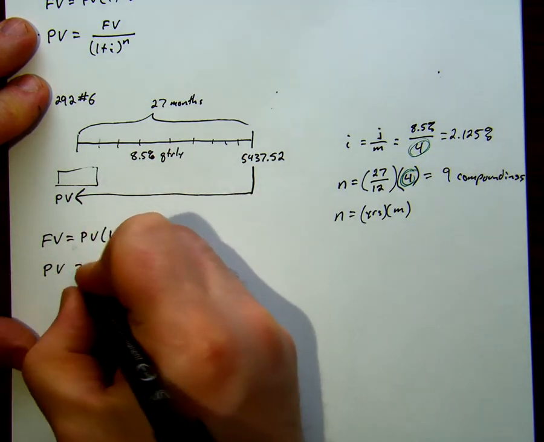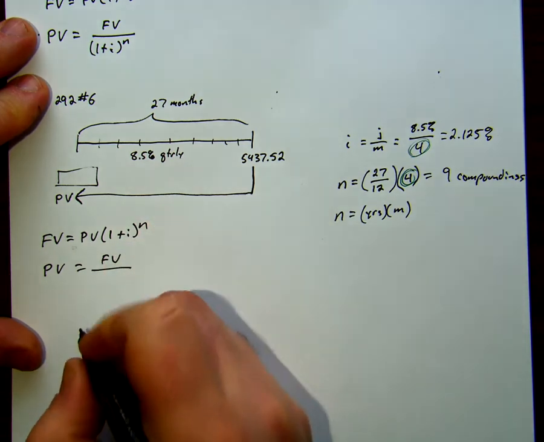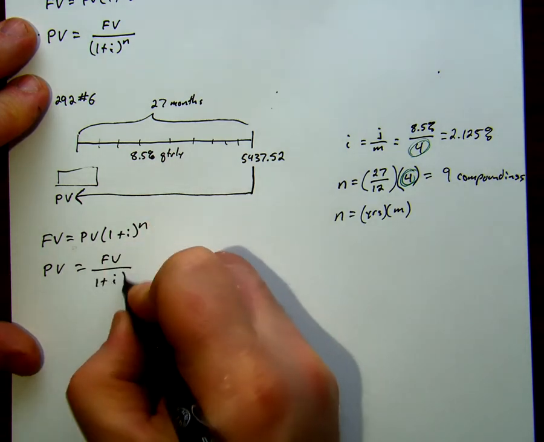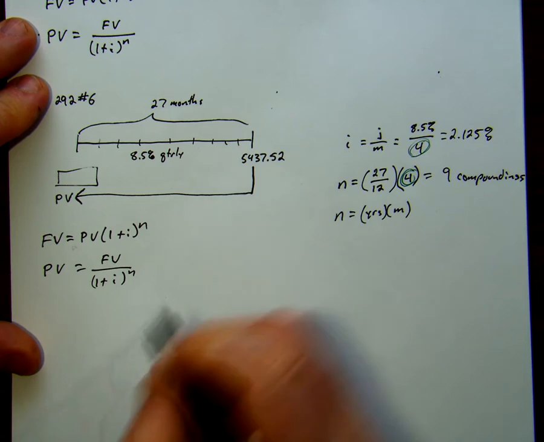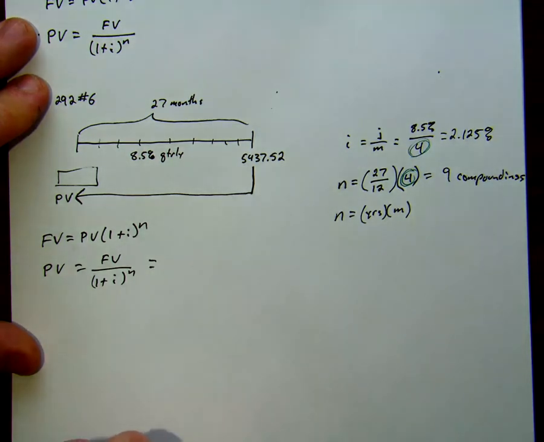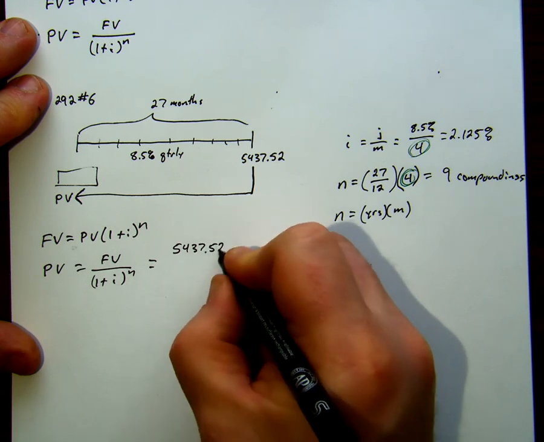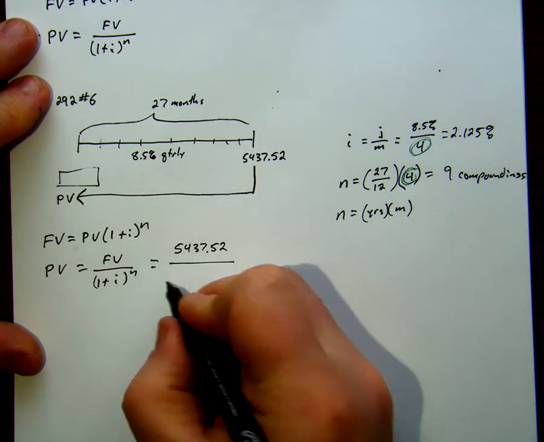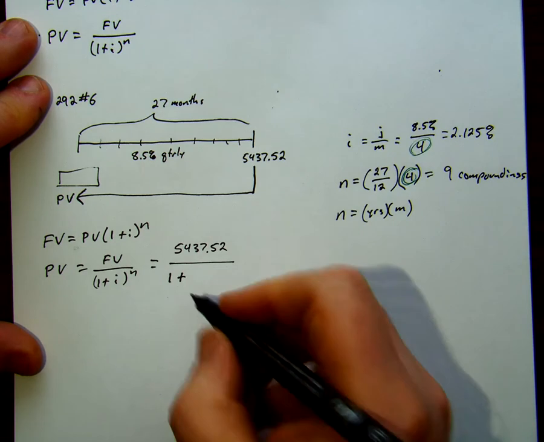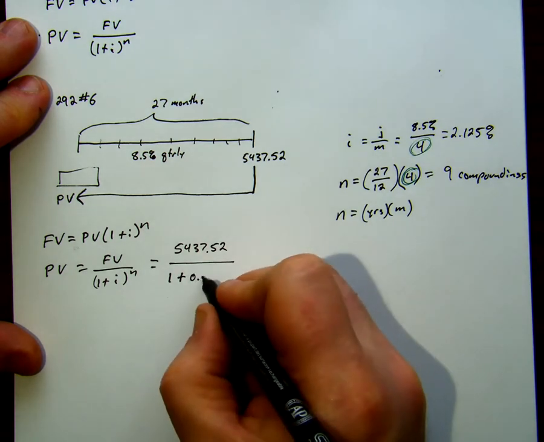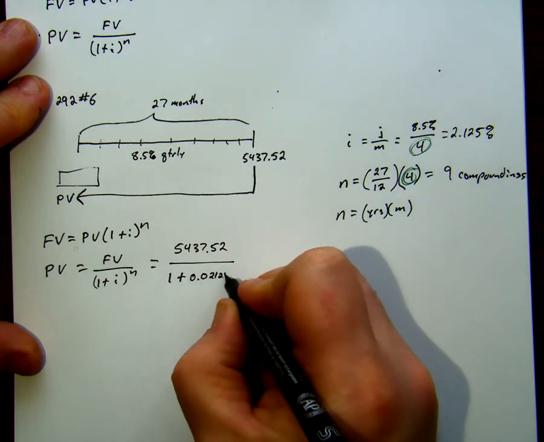So our present value is our future value divided by 1 plus i to the n. This is equal to, well, our future value was 5437.52 divided by 1 plus i, 0.02125.